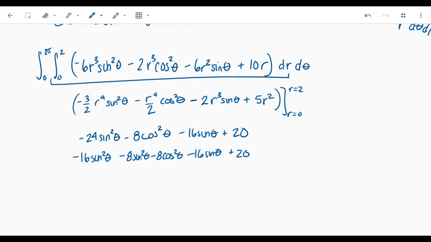When I integrate with the sine squared and the cosine squared, I'll only do it with the sine squared because this is just going to be negative 8. Okay, so I'll have negative 16 sine squared theta minus 16 sine theta plus 12. And I'm going to integrate that from 0 to 2 pi d theta.